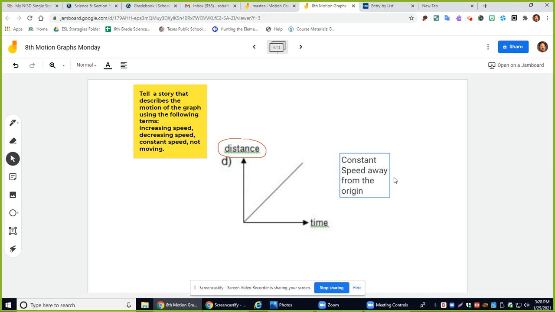Constant speed away from the origin. Okay, moving on to the next one.